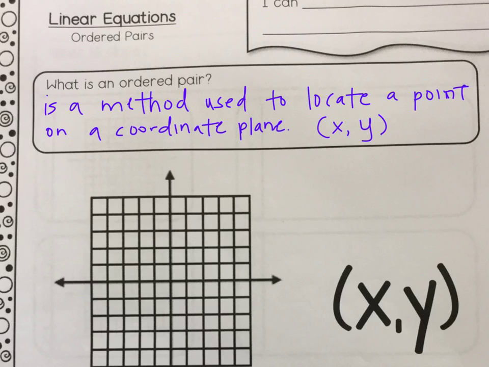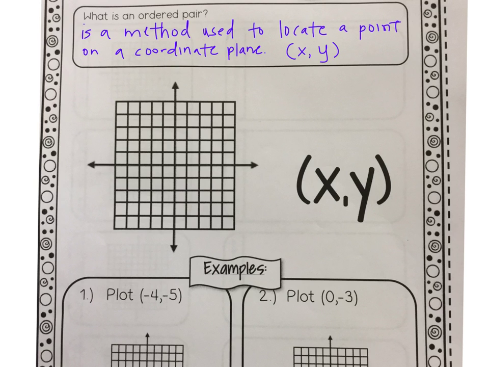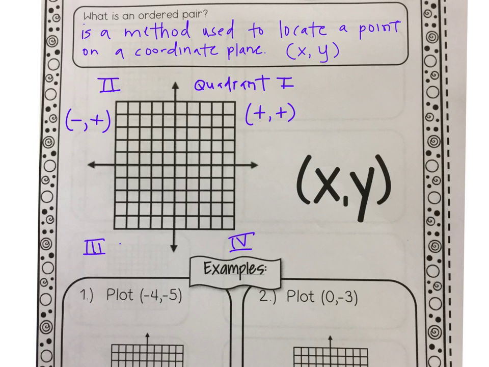On a coordinate plane, we have 4 quadrants. Sorry, I can't write on this. Quadrant 1, quadrant 2, quadrant 3, and quadrant 4. Quadrant 1 is plus plus, quadrant 2 is minus plus, quadrant 3 is minus minus, and quadrant 4 is plus minus.